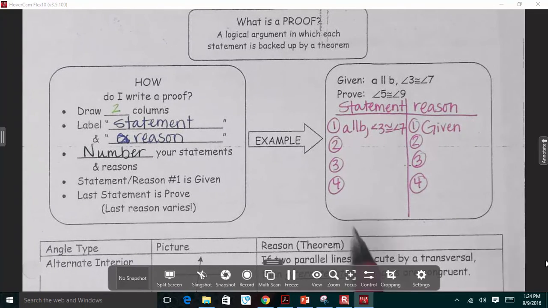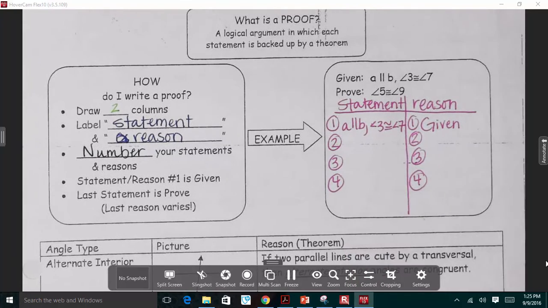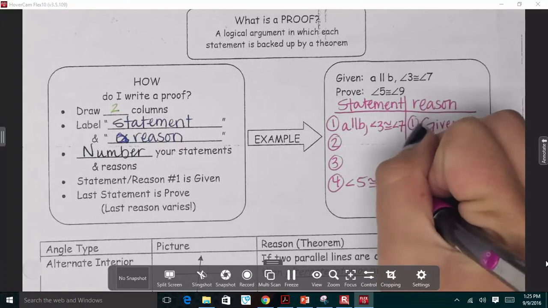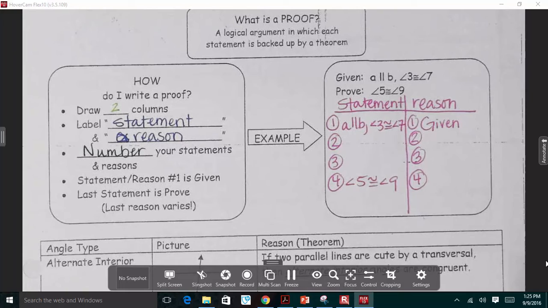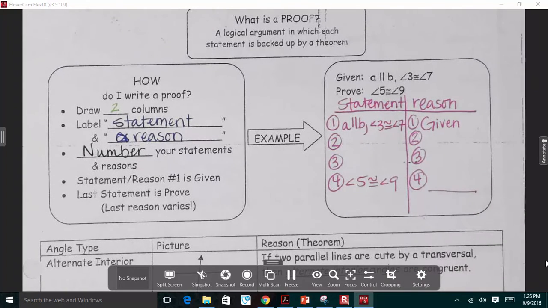And then our last statement is always going to be what we're trying to prove. So what does it say we want to prove here? Angle 5 is congruent to angle 9. Perfect, okay? And now this is going to vary, but at least you have 3 of your 8 parts of your proof already done, okay?